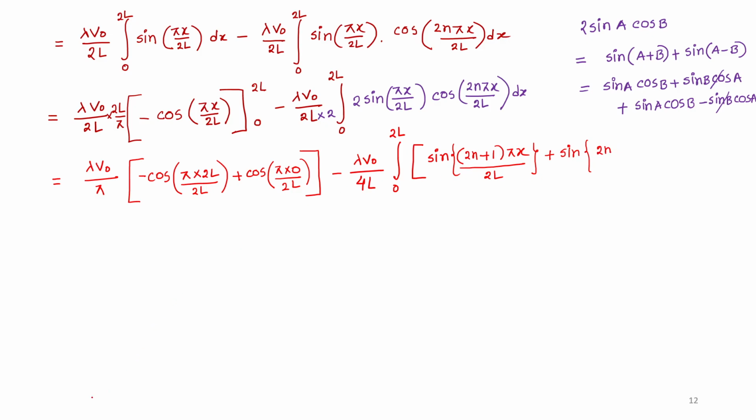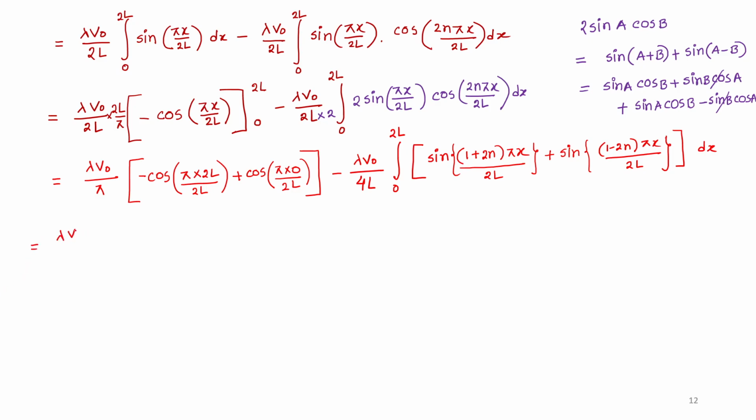In this case, you will see this thing, right? Let me erase it a little bit. So actually, you can write in the same order what I was writing: 1 plus 2n. Here it is 1 minus 2n, okay, pi x by 2L dx.